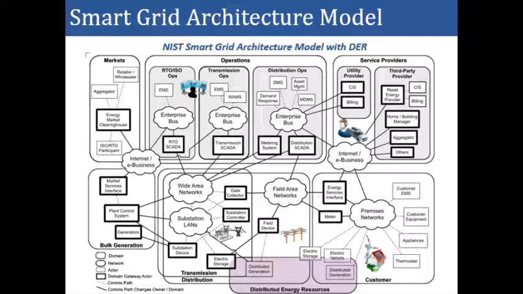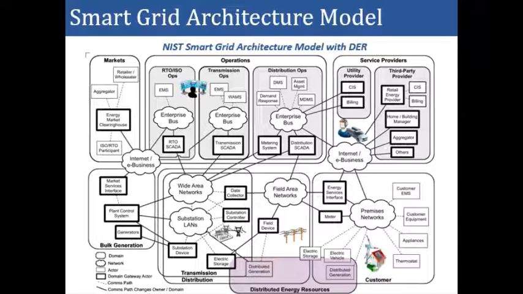We also discussed the NIST architecture on smart grid, which includes distributed energy resources also. We saw that the NIST domains, that is market, operations, service provider, customer, transmission, distribution, and generation, utilize the five layers we discussed previously to share data across the domains.